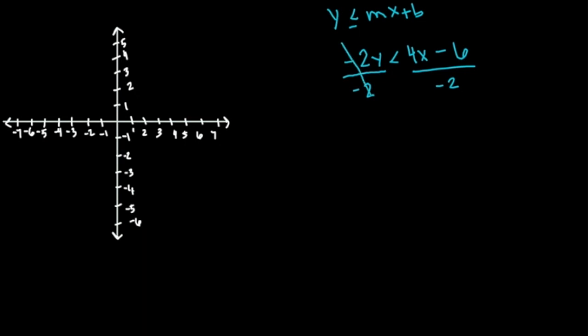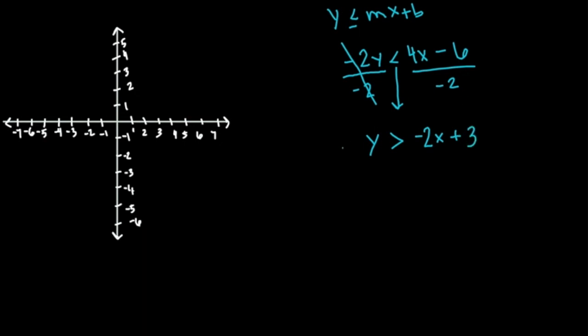These will cancel out because negative 2 over negative 2 equals 1, so we're left with y. And instead of less than, it changes to greater than. 4x divided by negative 2 is negative 2x, because a negative divided by a negative is a positive. 6 divided by 2 is 3.